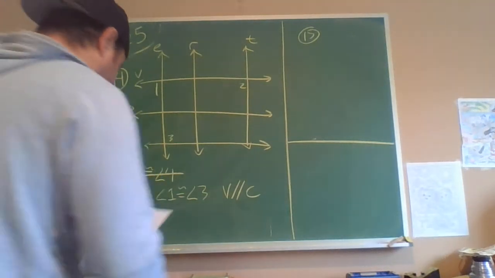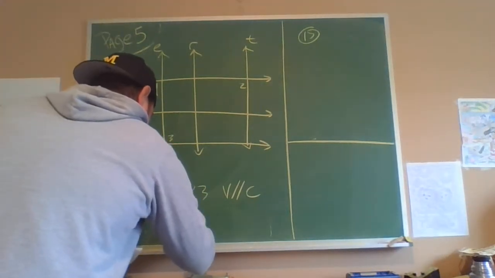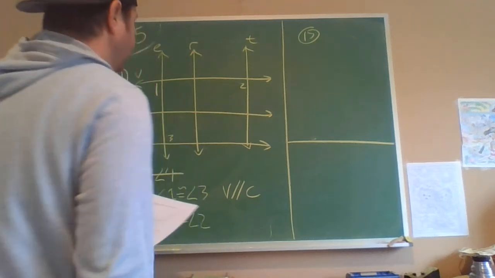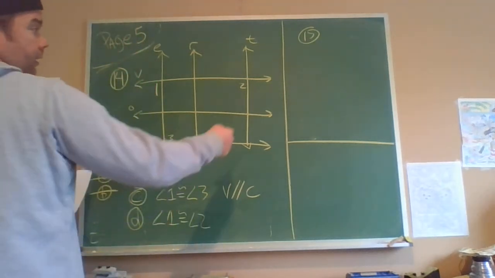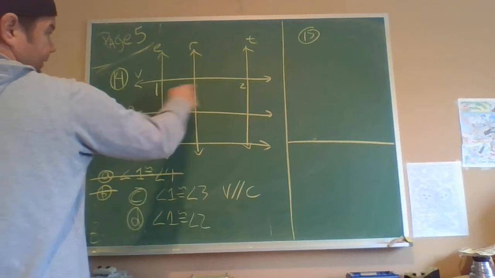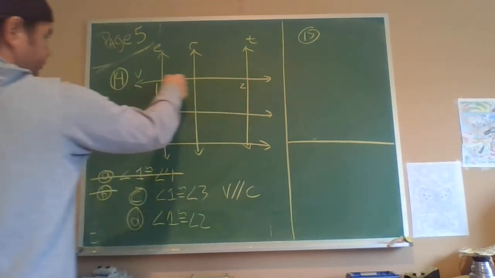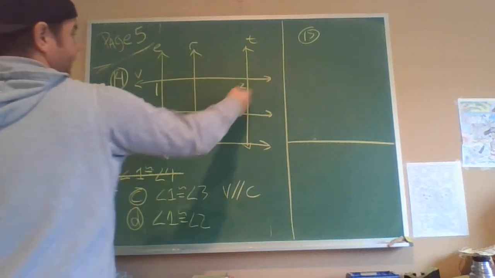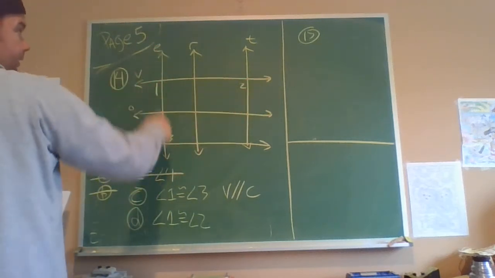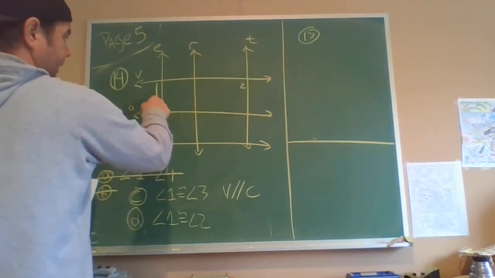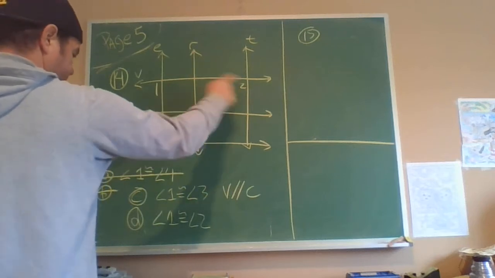Part D, if angle 1 is congruent to angle 2, then which lines, if any, must be parallel? Well, angles 1 and 2 here are formed by this transversal, line V, and they intersect lines E and T. These are corresponding angles, right?